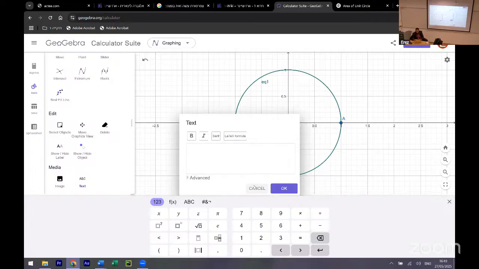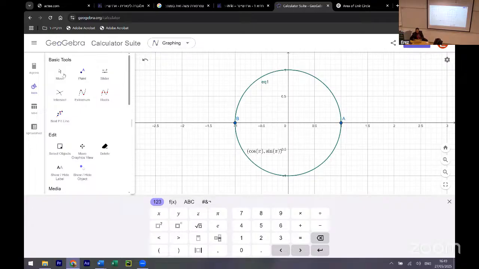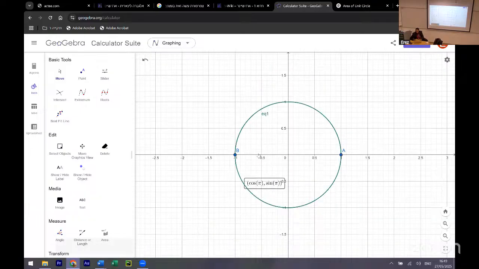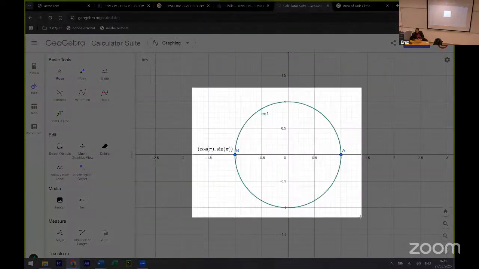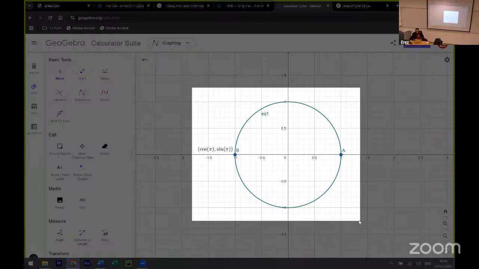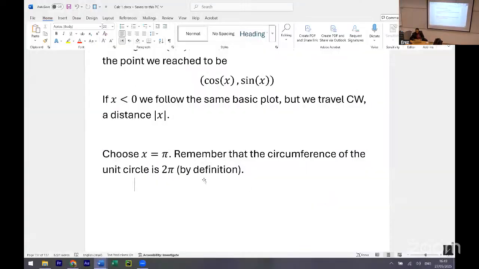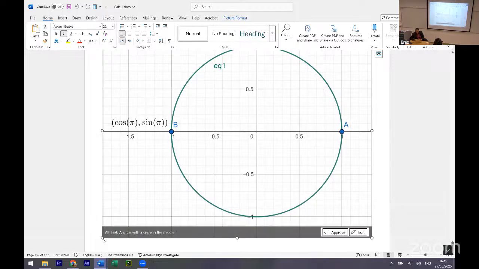By our very definition, we went counterclockwise a distance of pi, we got to that point. So our conclusion here is: what is cosine of pi?